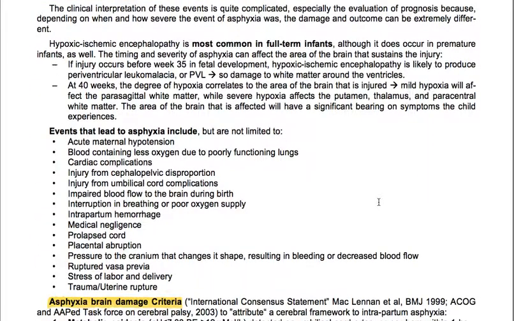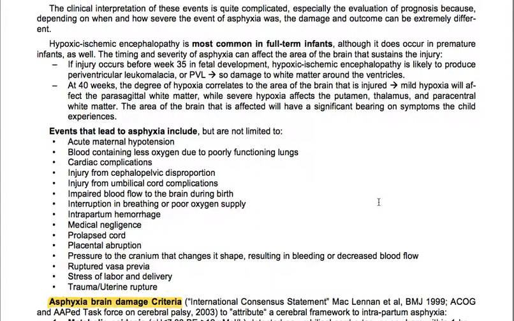Hypoxic ischemic encephalopathy is most common in full-term infants, although it does occur in premature infants as well. The timing and severity of asphyxia can affect the area of the brain that sustains the injury. If injury occurs before week 35 in fetal development, hypoxic ischemic encephalopathy is likely to produce periventricular leukomalacia, or PVL, so damage to white matter around the ventricles.